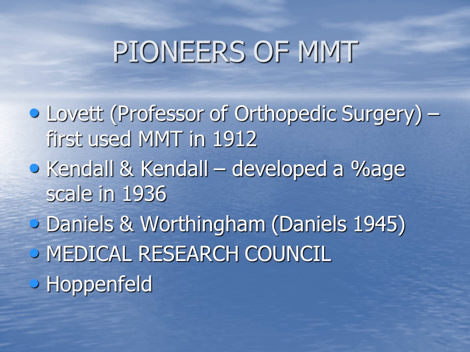Dr. Lovett himself first published articles about his findings on manual muscle testing in 1932. And Lovett was the first to establish a muscle grading system wherein he described 5 levels of muscle strength against gravity and/or resistance. And we'll talk about the role of gravity in manual muscle testing as we go.